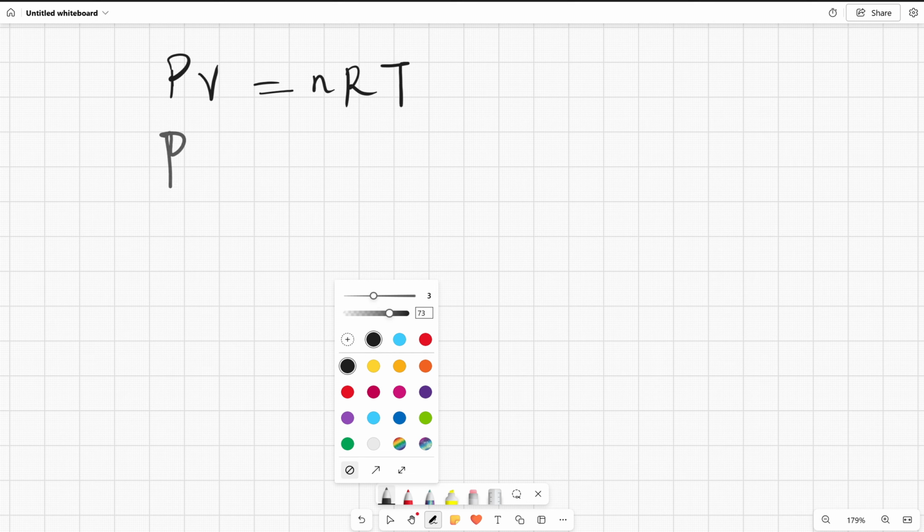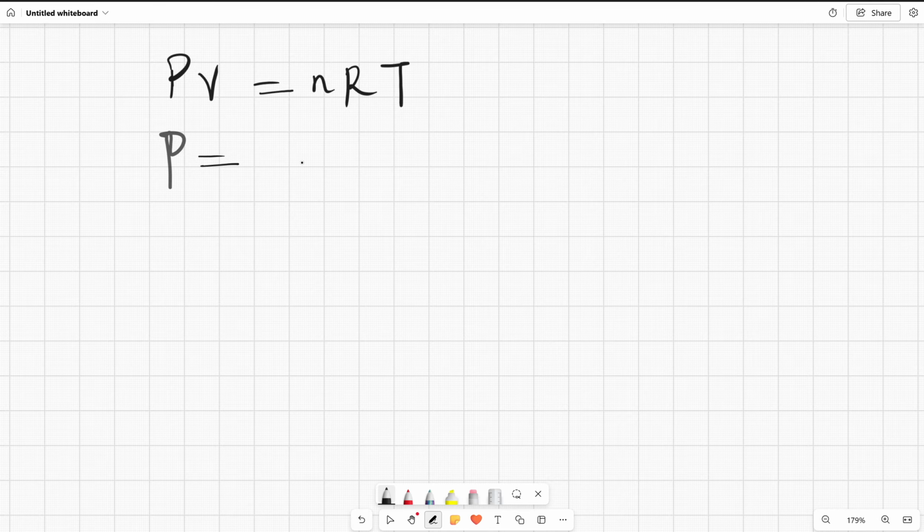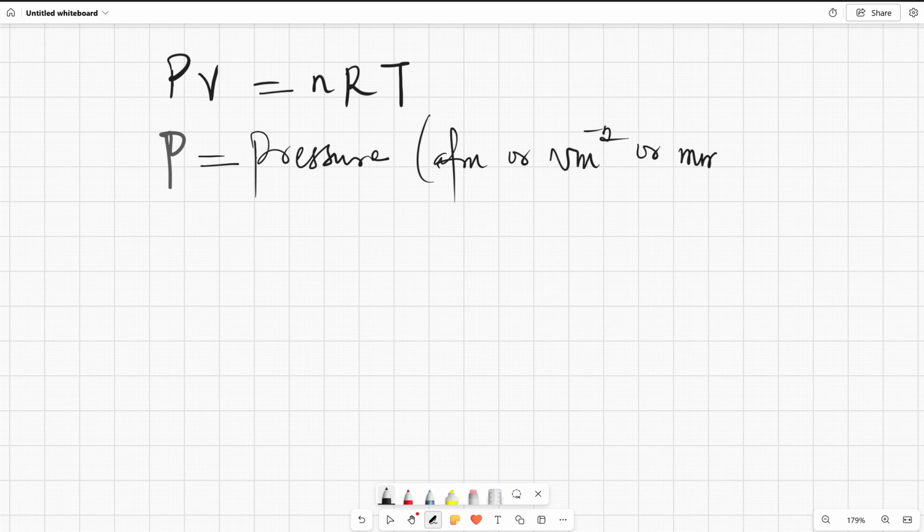Where P is the pressure, which may be in atmosphere or Newton per meter square.